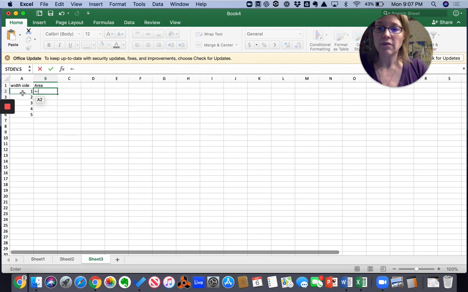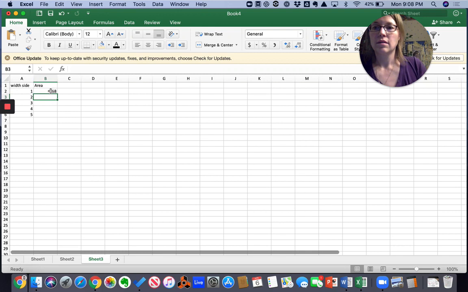So negative 2 times the width, which is my x, caret 2, that's how I square it, plus 60 times, and then I want that x width again. So negative 2 times x squared plus 60 times x. Let's pull down, make sure it's doing what we want.